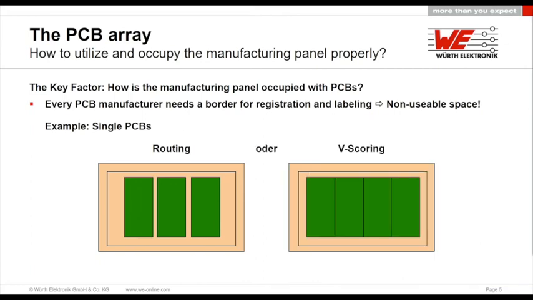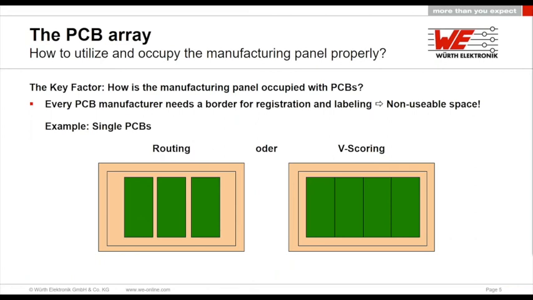And I present a sample here for you. On the left side, you see a PCB whose outline is routed. And on the right side, you see the same size of PCB, but in that case, its outline is V-scored.